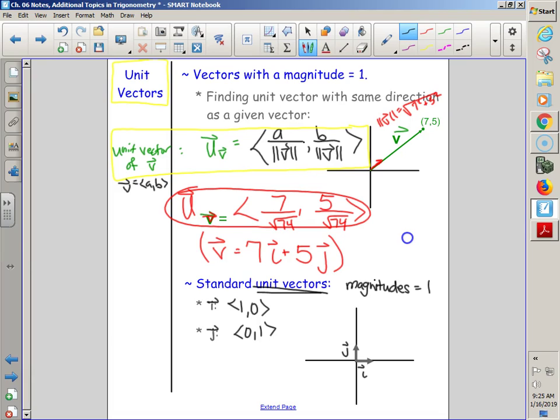You could check with Pythagorean, you could check the magnitude, and if the magnitude is not 1, it is not a unit vector, and so we have to say, fine, I'll take your a, I'll take your b. I have to make you go in the same direction that you're currently going, because a unit vector of a current vector must go in the same direction. Take the a, take the b, but scale back, and scale back with the magnitude, okay?